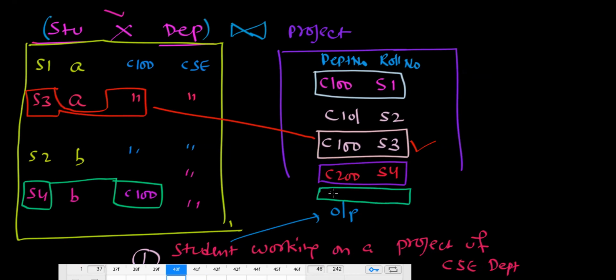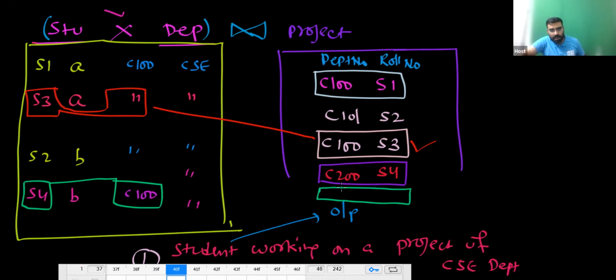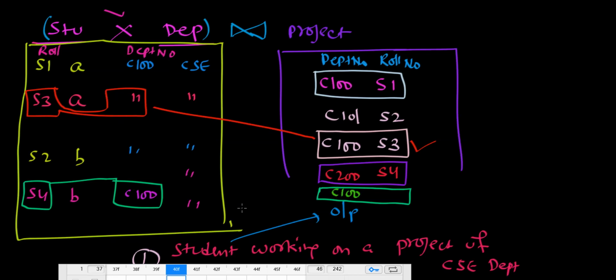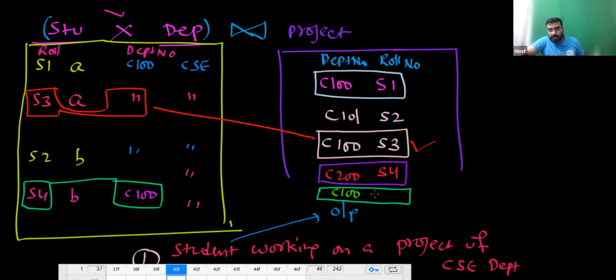Okay, because you are matching roll number and department number, this is your roll number and this is the department number. If you want someone to come in the output, it should definitely happen that this C100 should be here because it should match. Yes, sir. Right. So if someone wants to come in the output, then that person must have an entry here. Are you getting my point?